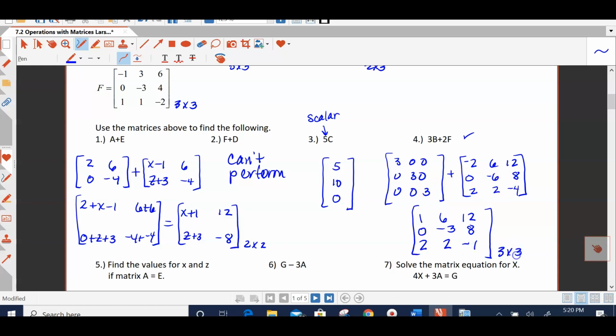And notice the size of your answer is the size of the original matrices.